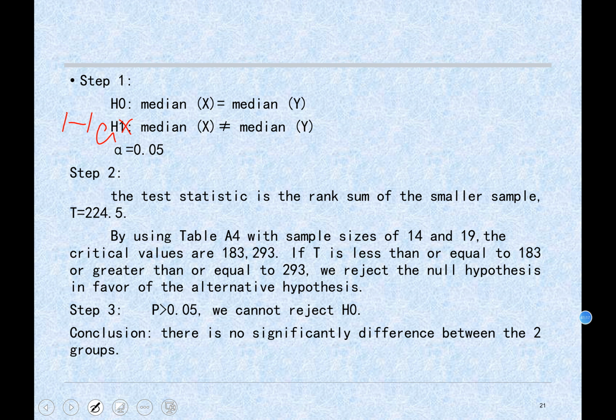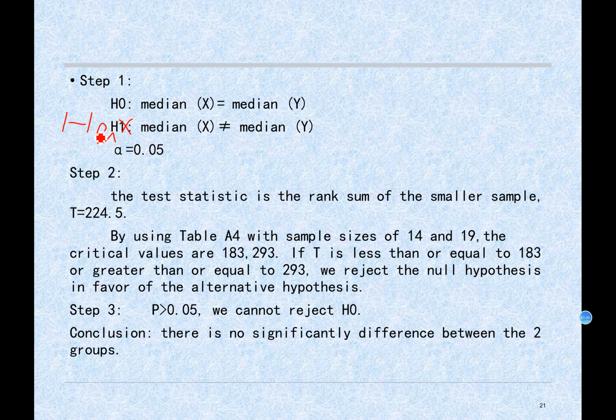Step 2 is to calculate the test statistic, and the procedure for the calculation is shown in the last slide. So here we can know that the test statistic equals 224.5. Okay, next one, we need to use table A4 to find the critical range.